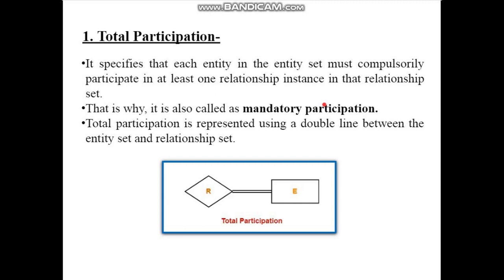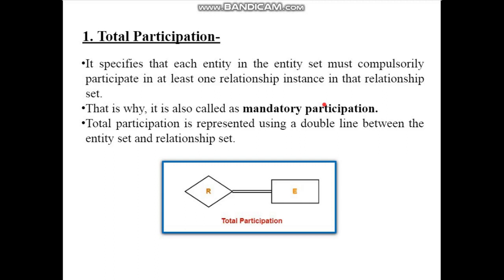Okay, so here basically what it is telling is, at least one relationship instance must be there in the relationship set, right? And it is also called as mandatory participation, and it is represented by double line between the entity type and the relationship set.